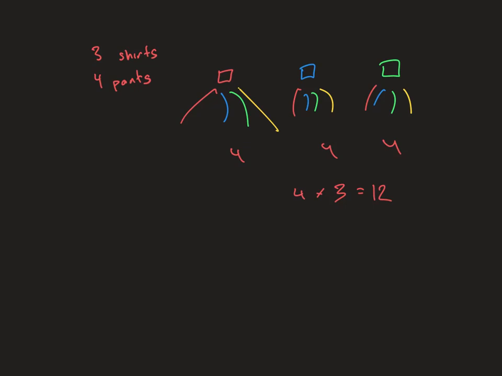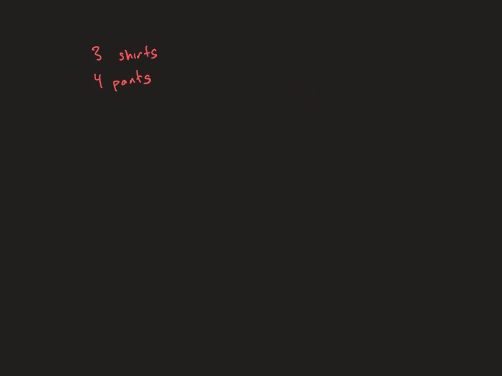So let's try another example. Let's say that you have a phone number, and your phone number is 10 digits. So you have usually 3, then 3, and then 4.